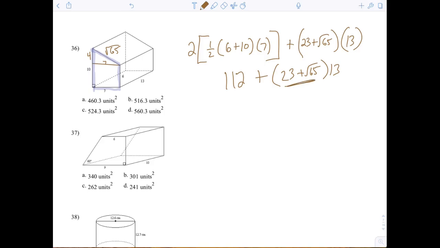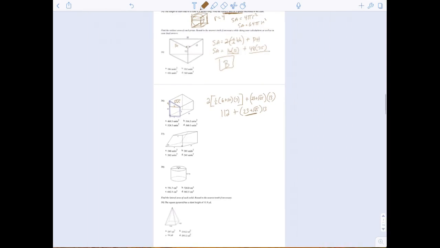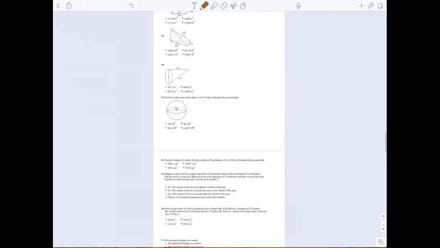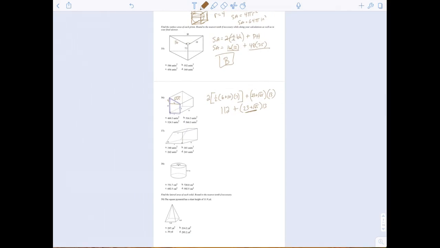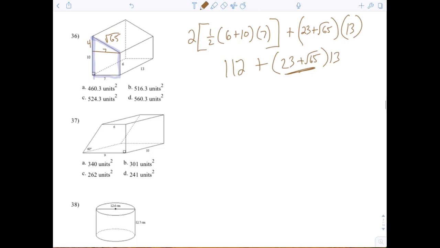Why don't you just add this and multiply by 13? 23 plus the square root of 65. Hit enter. I showed you that. Times 13. You good? Plus 112. It's 550. Okay, B. Roughly. B.